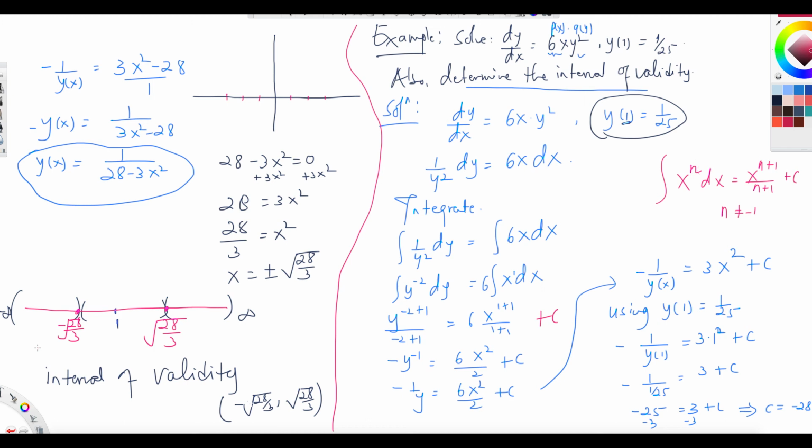Let me find the value of the square root of 28 over 3 in my calculator. 28 divided by 3, then the square root, is 3.06. So this value is almost negative 3.06, and this value is almost positive 3.06 here. If you draw the graph of this function, you will see a graph like this.